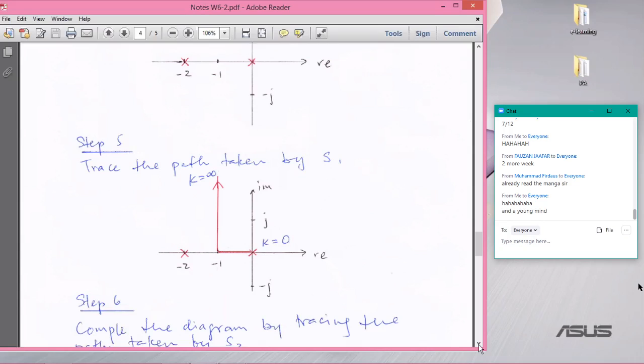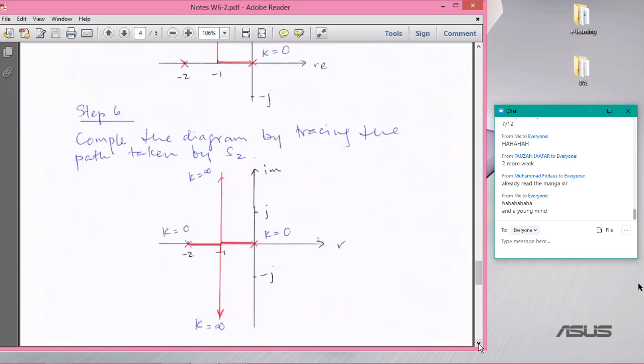Finally you can trace the second root. Now we have a complete root locus diagram. This is the path taken by s1 when k varies from 0 to infinity, and this is the path taken by the second root.